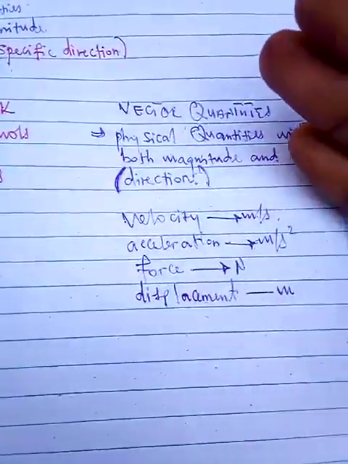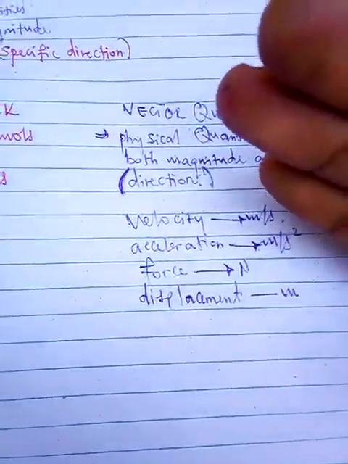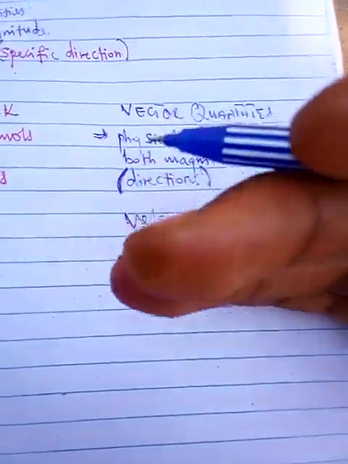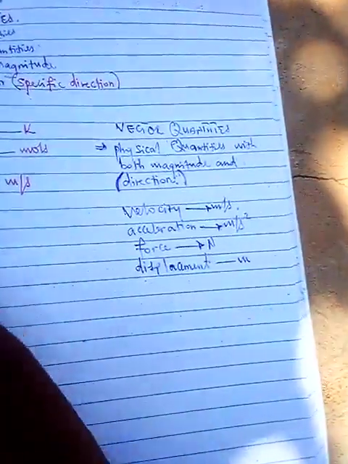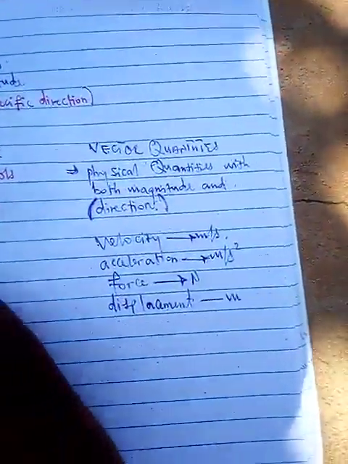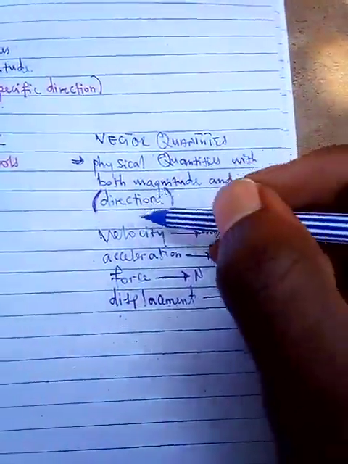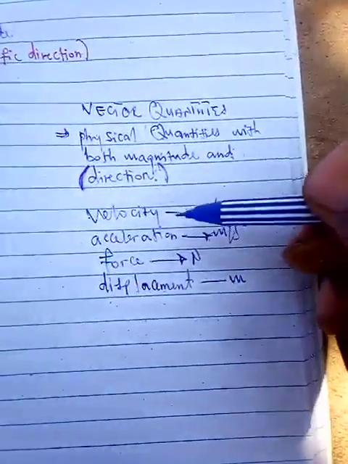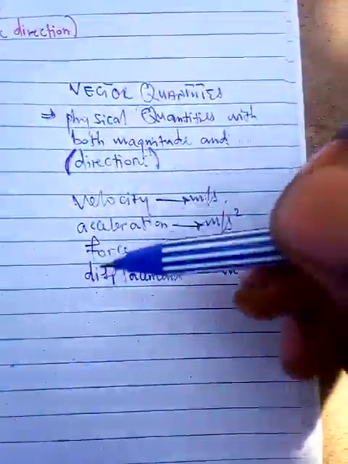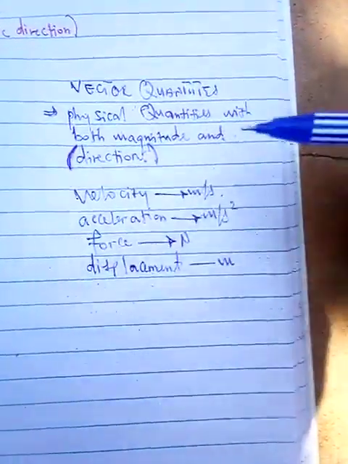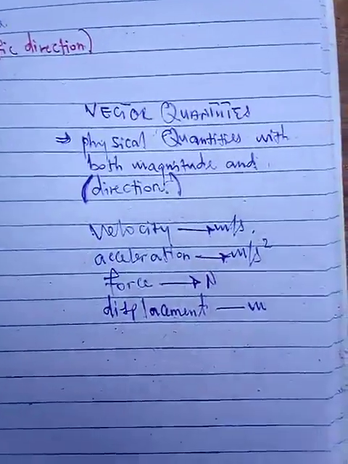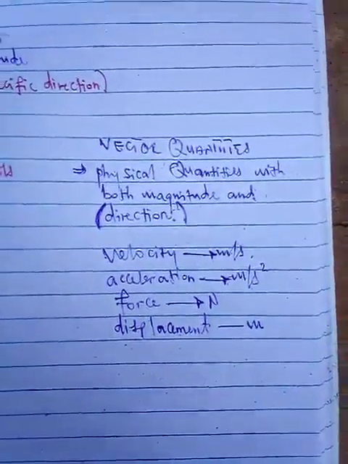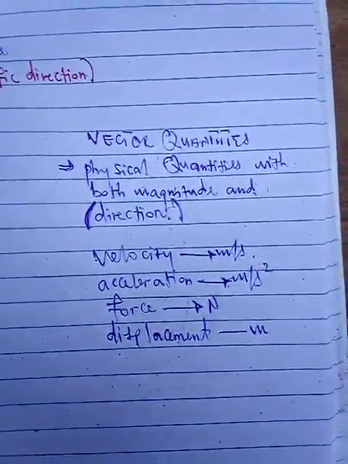Direction can be in the x-axis, the y-axis, or the z-axis. So depending on direction, these vector quantities can be resolved into different components depending on the kind of direction in which they are oriented.